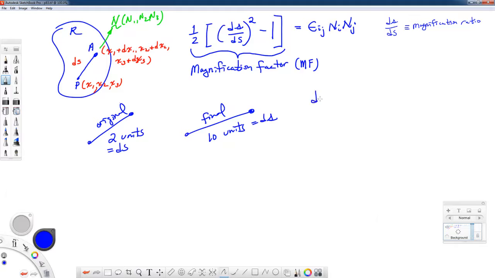Now our magnification ratio in this case would be equal to 5. And we can find our magnification factor by taking 1/2 times 5 squared minus 1. And let's see, 25 minus 1 is 24. 24 divided by 2 is 12. So our magnification factor in this case is 12. Okay, so there's an example with some numbers in it. And maybe it still doesn't make a whole lot of sense.